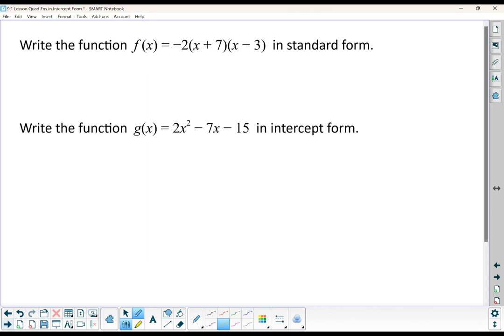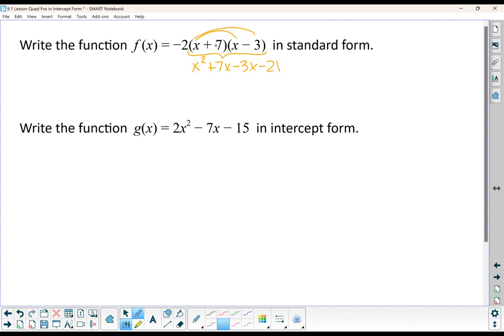So if I have the function f of x equals negative 2 multiplied by (x plus 7) multiplied by (x minus 3), I can write that in standard form. Because we have three things being multiplied together, a negative 2 and two binomials, I like to multiply the two binomials together first.